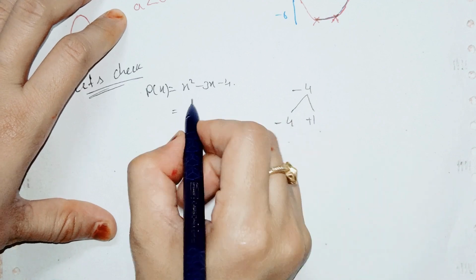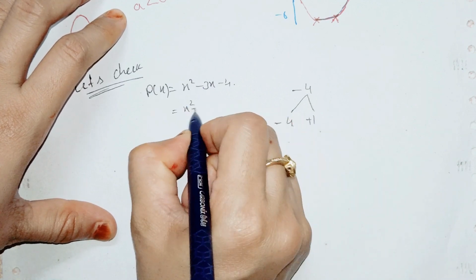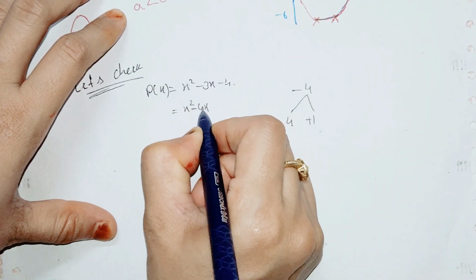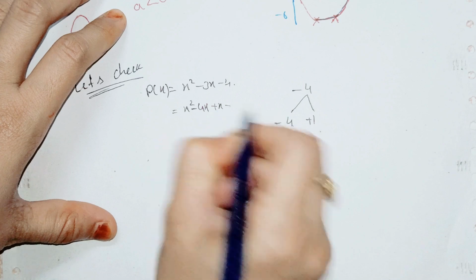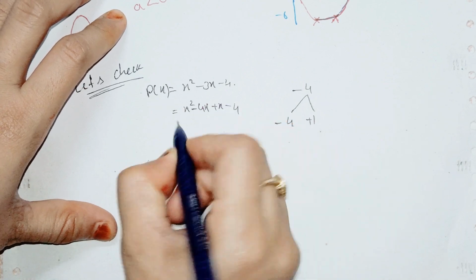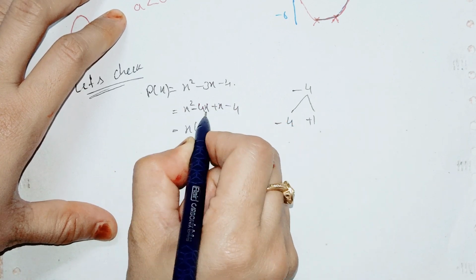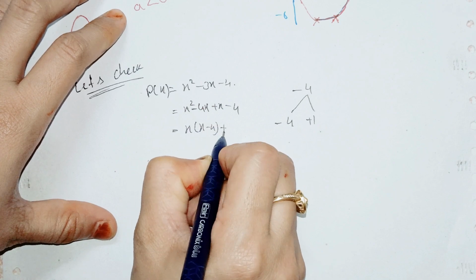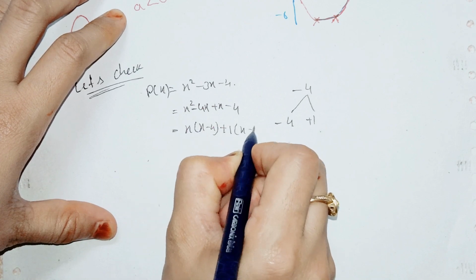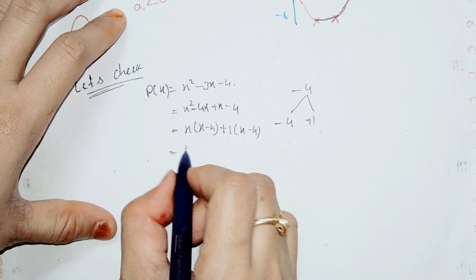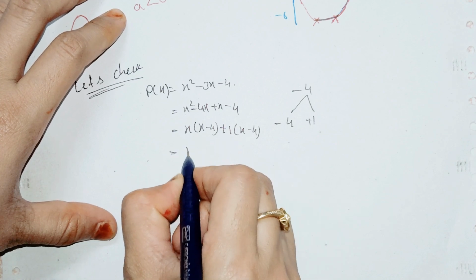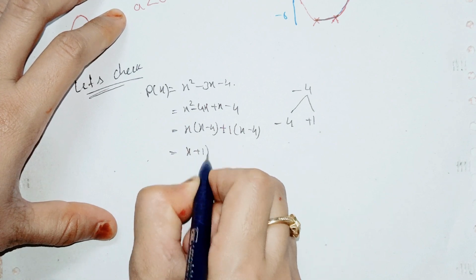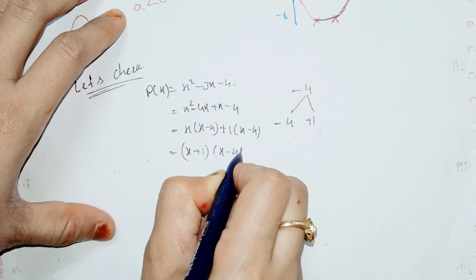So x square minus 4x plus x minus 4. Taking x common, x of x minus 4 plus 1 of x minus 4. If I take the common again, x plus 1 into x minus 4.